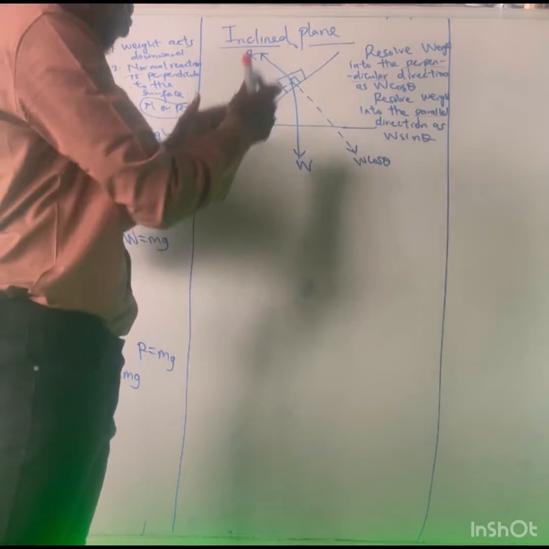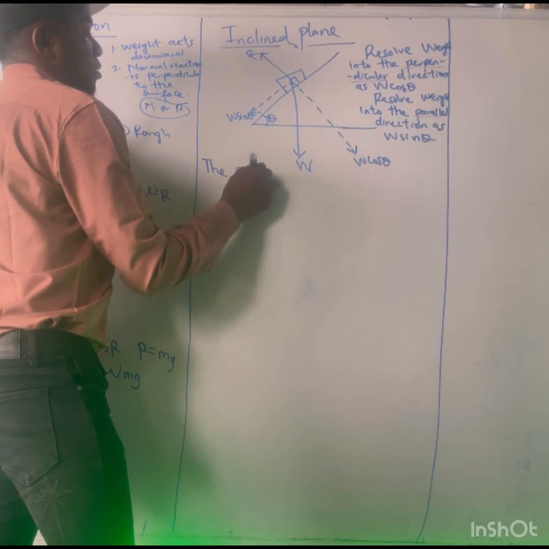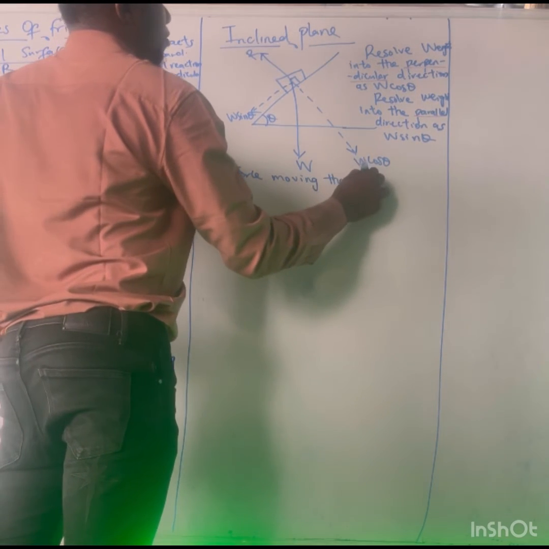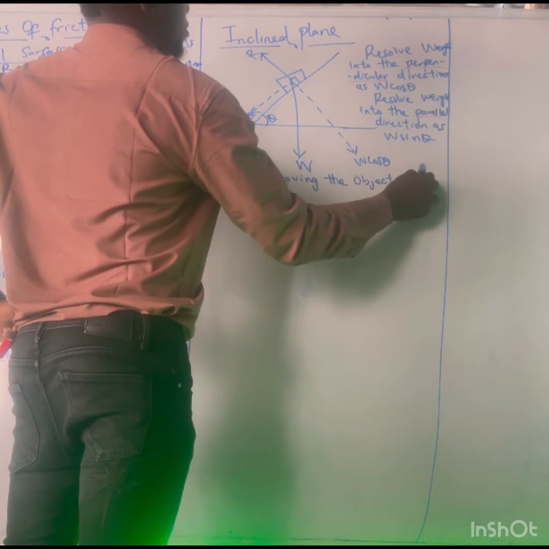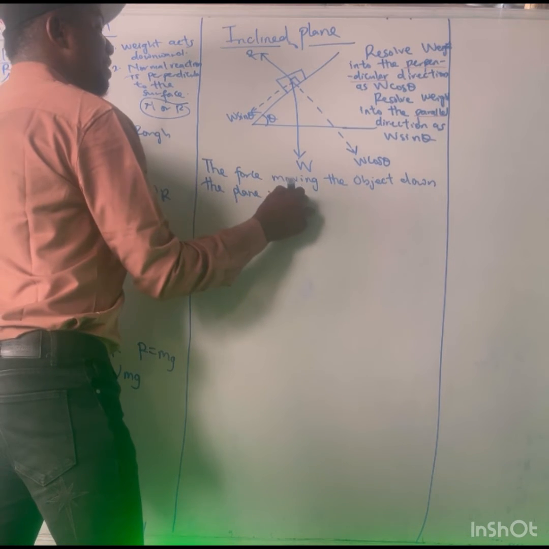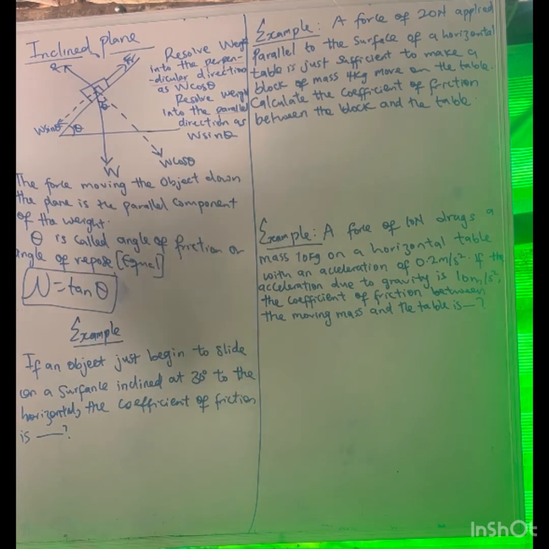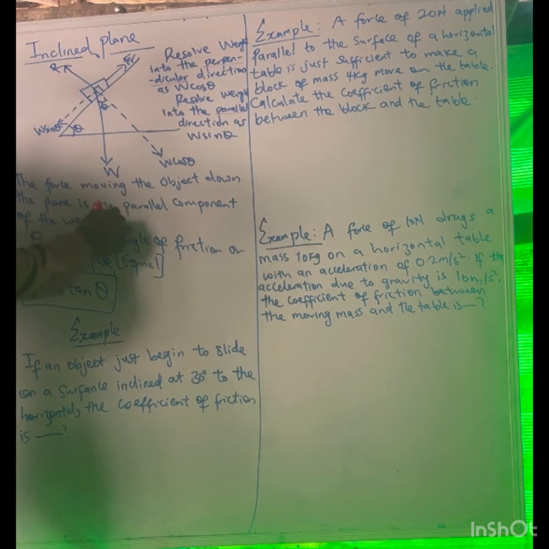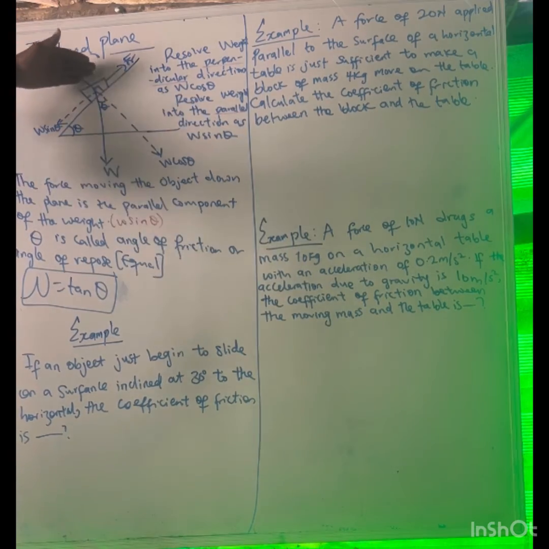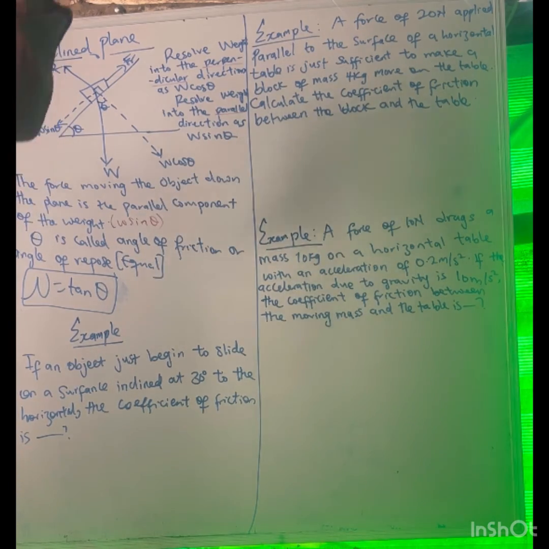So you have to note that the force moving the object down the plane is the parallel component of the weight, which is actually W sin theta. So if they ask you to calculate the force that is going to move the object down the plane, the force F will just equal W sin theta.